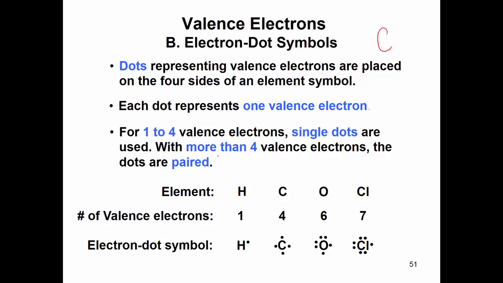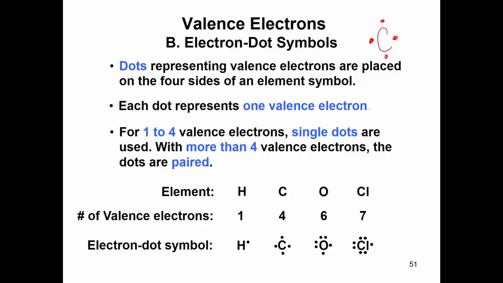And then you go look at your periodic table or your configuration, and you see that carbon is in group 4. So that means it has 4 valence electrons, and we're going to draw them. That's an electron. And we're going to place them as single dots on 4 sides of that element symbol.